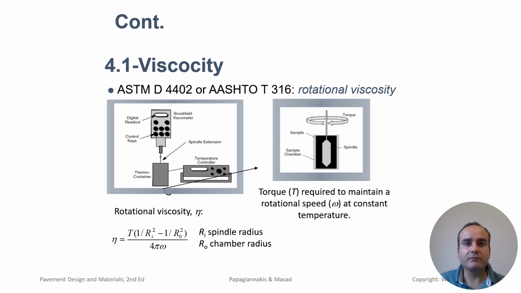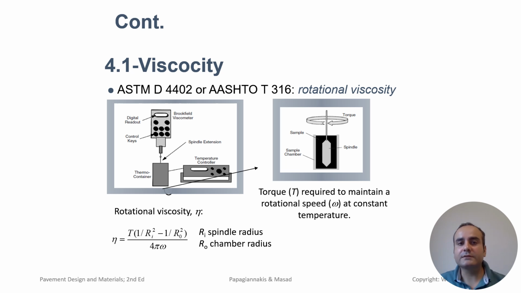Rotational viscosity refers to the internal resistance of the asphalt binder to flow when subjected to shear force. This property is typically measured at high temperatures, which simulates the conditions during the production and laying of hot mix asphalt.